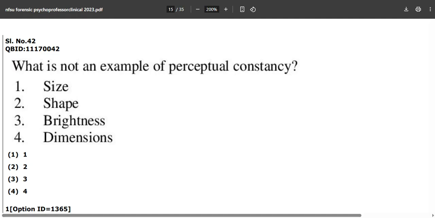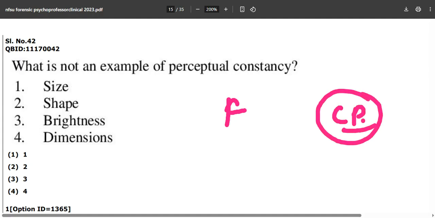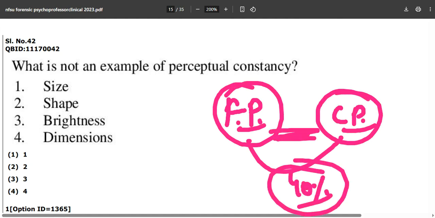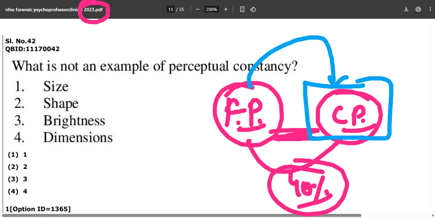What I mean is that you are doing the forensic paper and that clinical one, MPhil clinical psychology and forensic psychology. So 40% of questions are similar in these two papers of previous year 2023. So we will solve the different ones. For the similar ones, you can just refer to that clinical psychology playlist, so that you will have more options to explore and more questions to practice.